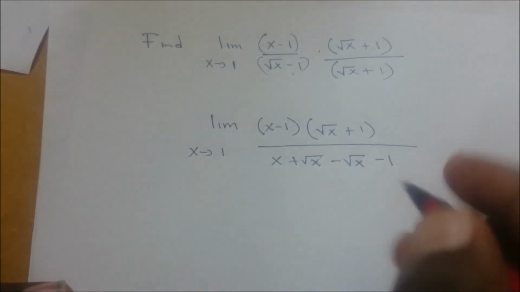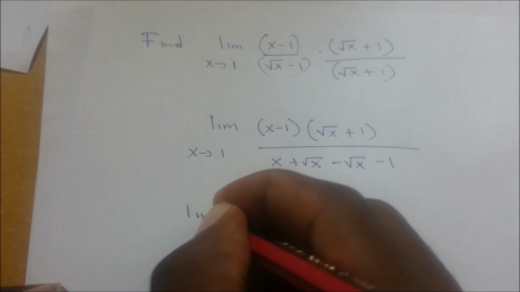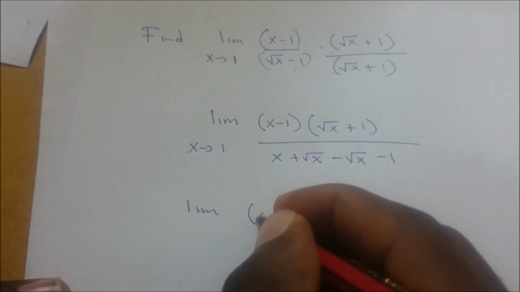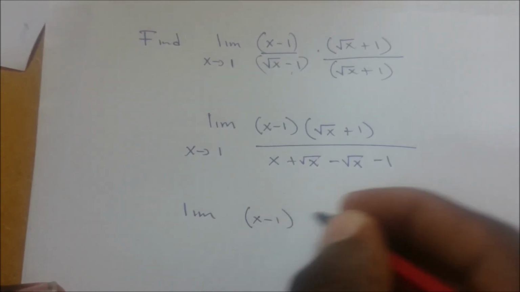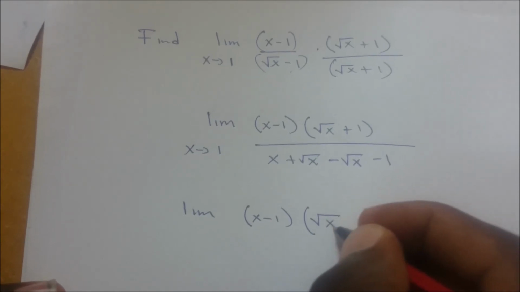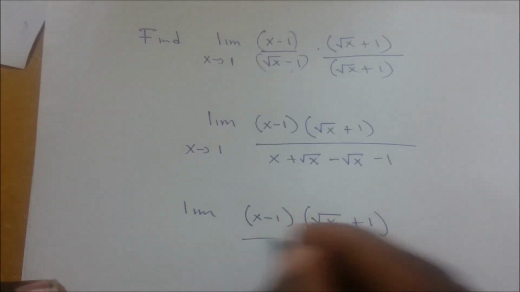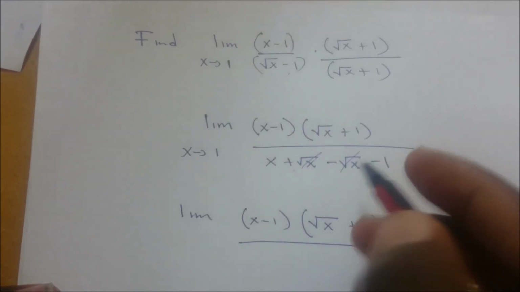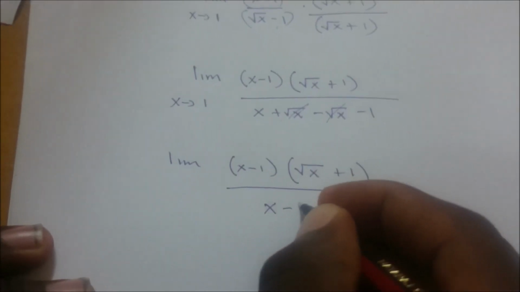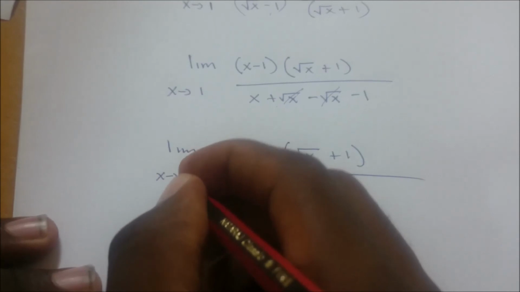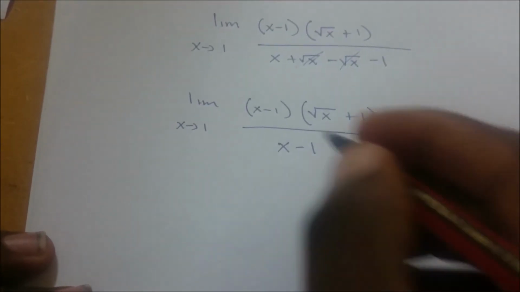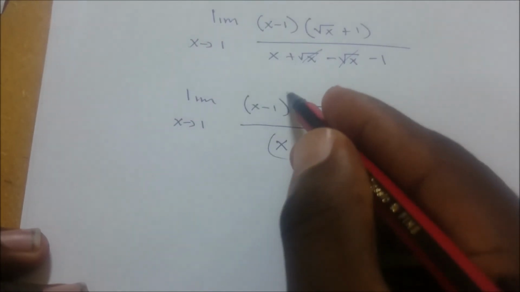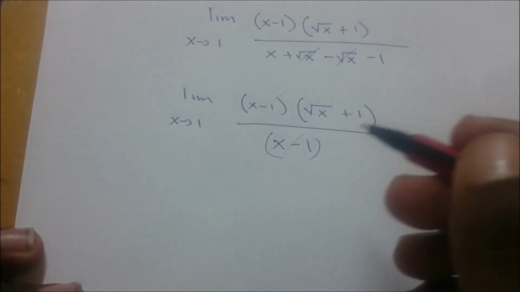Then we're going to have the limit of x minus 1 over, this is positive and that's negative, so these guys will go. We're going to remain with x minus 1 as x is approaching 1. Then from there we can see that this and this are the same, so they will go.